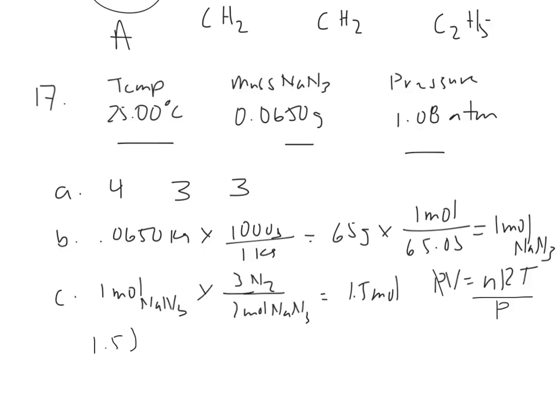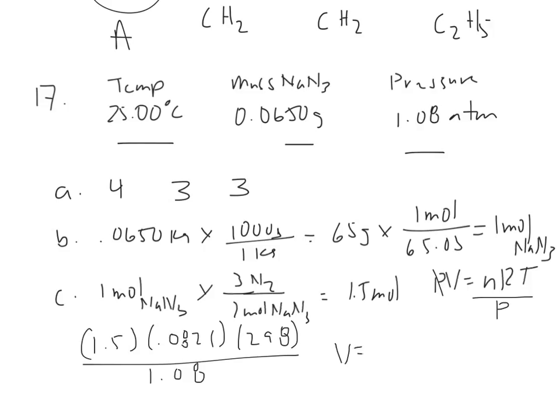My R value is going to be 0.0821, one of the rare times they gave me atmospheres. Temperature I have to change to 298 Kelvin, and then I need to divide by the pressure of 1.08 atmospheres. And for volume then, I'm coming up with 34.1 decimeters cubed.